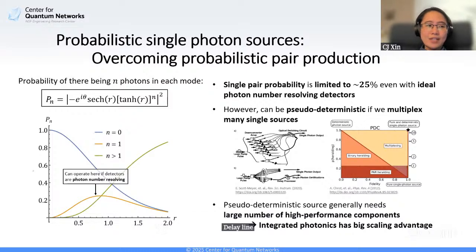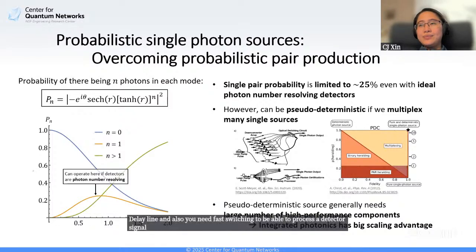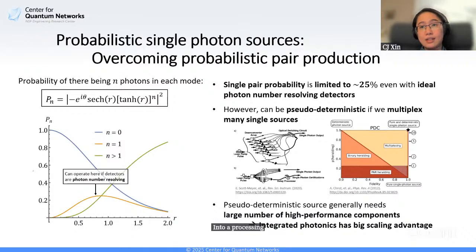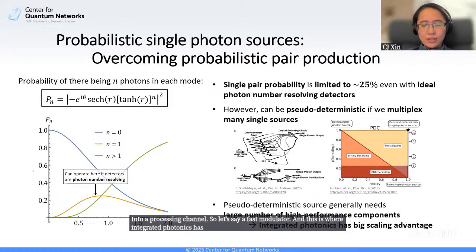And also you need fast switching to be able to process a detector signal and then switch depending on which channel clicks to route that corresponding photon into a processing channel. So let's say a fast modulator. And this is where integrated photonics has a lot of potential to enable the scaling of these sources to help overcome the probabilistic nature.